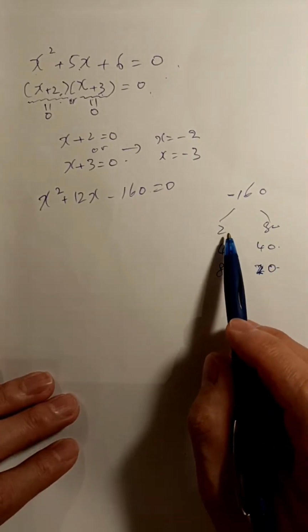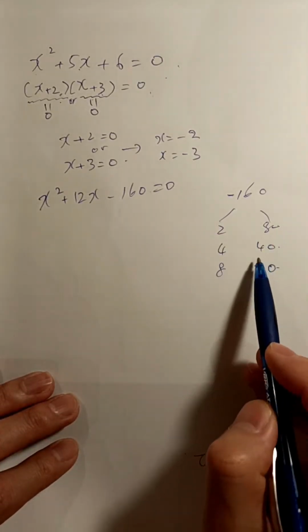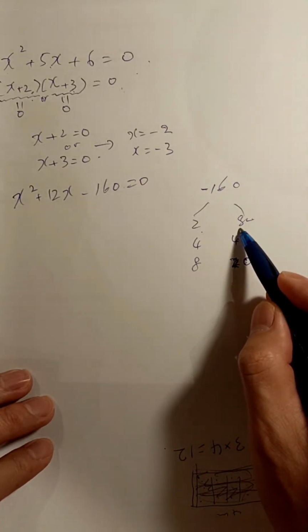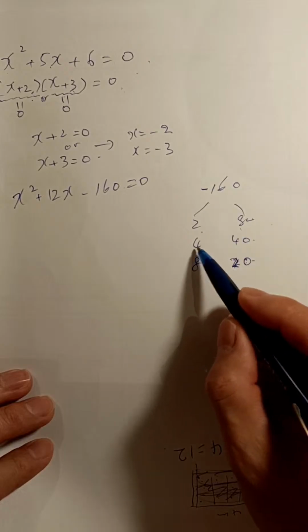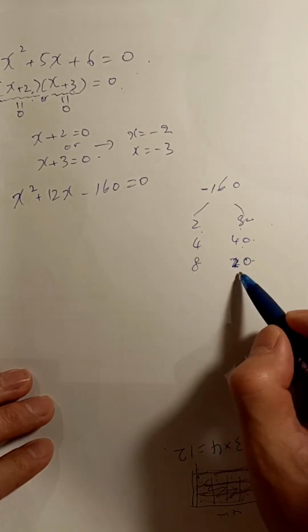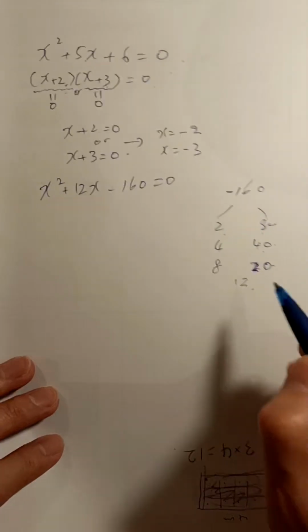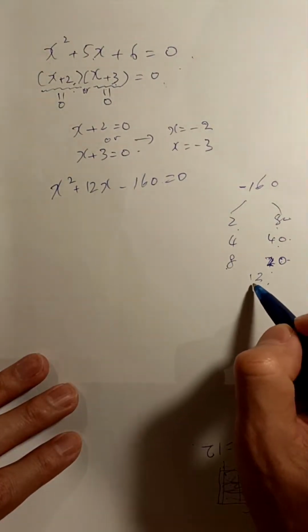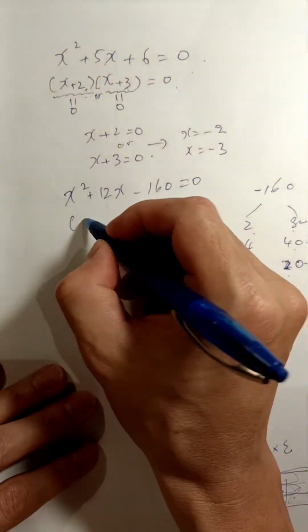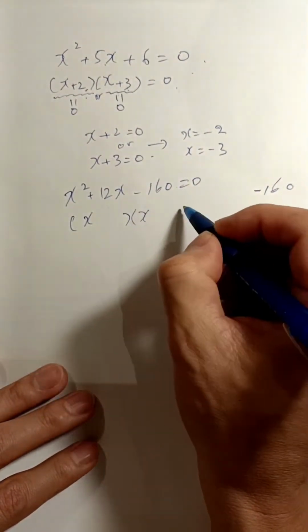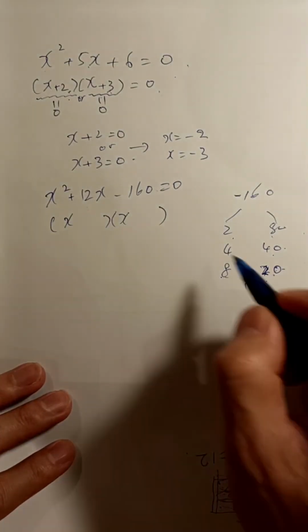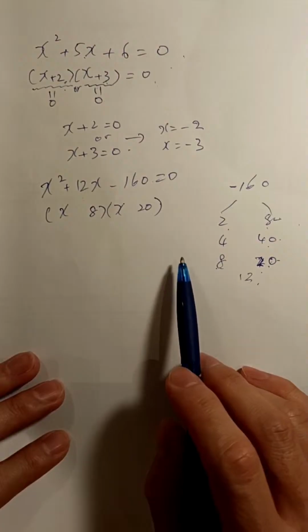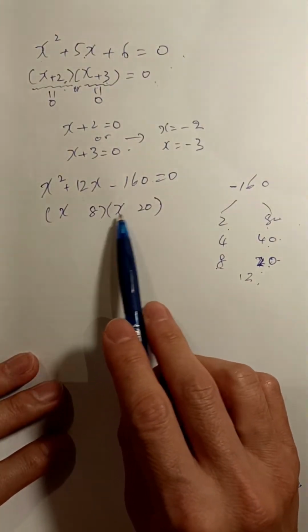Then if you look at the difference, here it is 78, the difference here is 36, the difference here is 12, isn't it? And then you can find 12 here. So that means the pair of numbers is going to be 8 and 20. Then you decide which number you put a negative on.